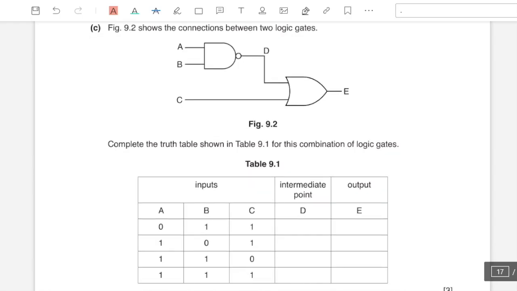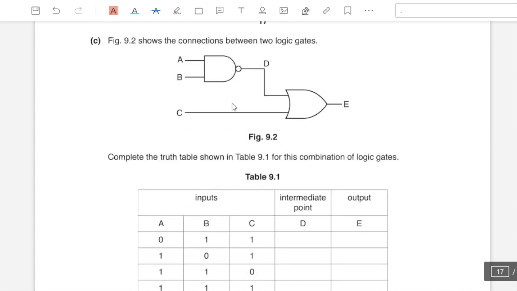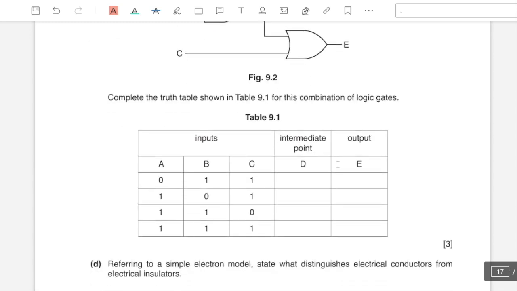Complete the truth table shown in table 9.1 for this combination of logic gates. Alright, so we have D over here, which is the output of a NAND gate. That is, the output of a NAND gate is exactly opposite of the output of an AND gate. 0 and 1 in an AND gate would have the answer as 0.